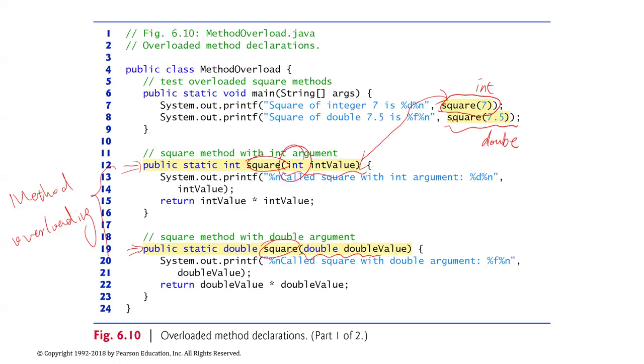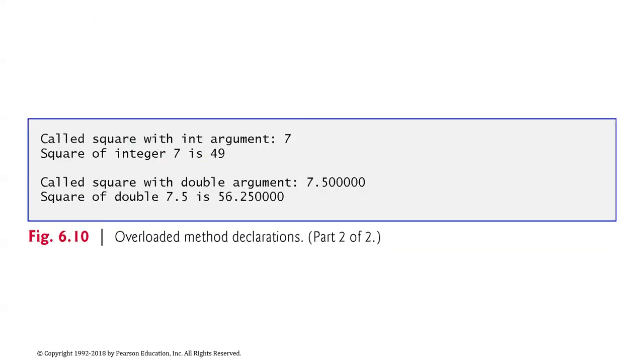And when we are executing line 8, the compiler will notice that, okay, the parameter is a double, so I should match a double type for the square method. So that's why the first one calls the first square method and the second one calls the second. That is method overloading. So here is the output for the example.